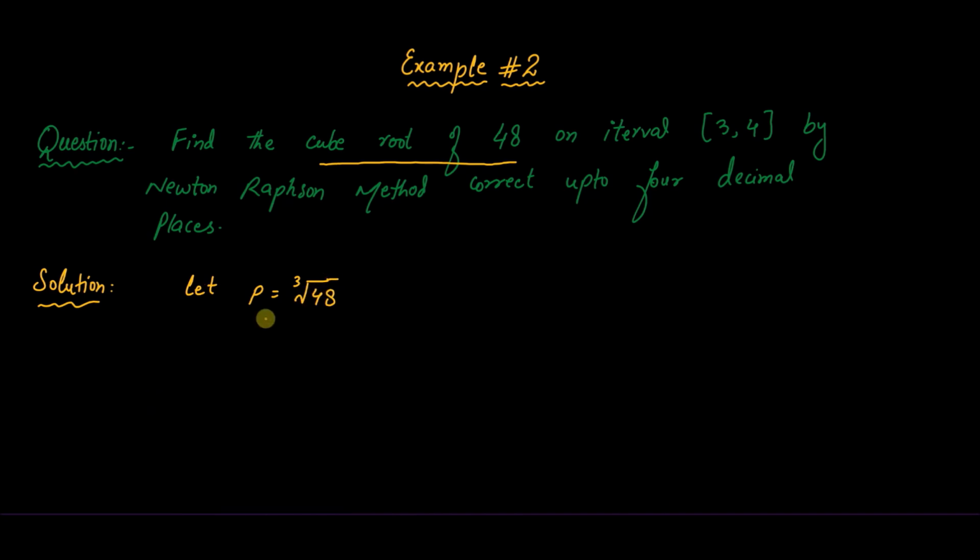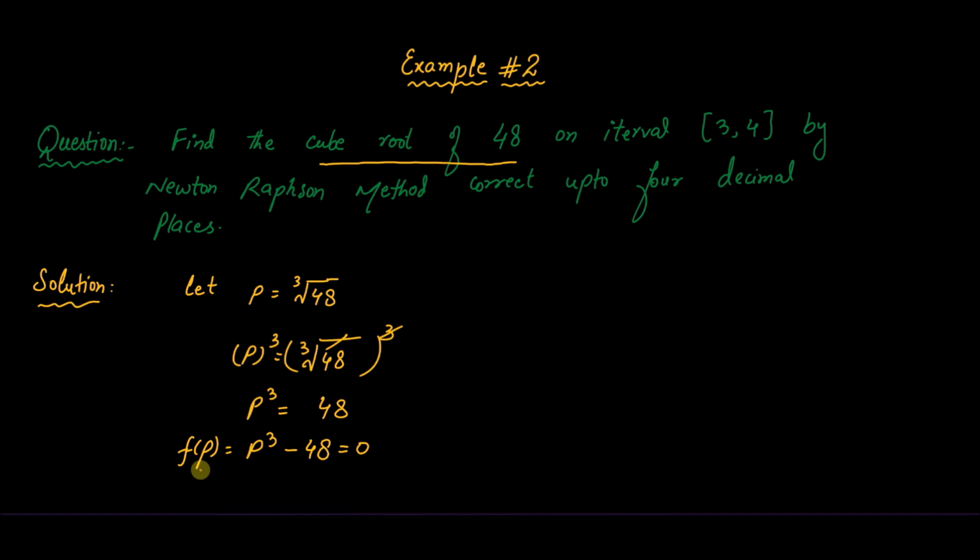We need to solve it first by taking a cube on both sides of the equation, and the cube will cancel out the cube root, and we get p cubed equals 48. After that, p cubed minus 48 equals 0. So this is basically our function that we are going to use for the Newton-Raphson method.